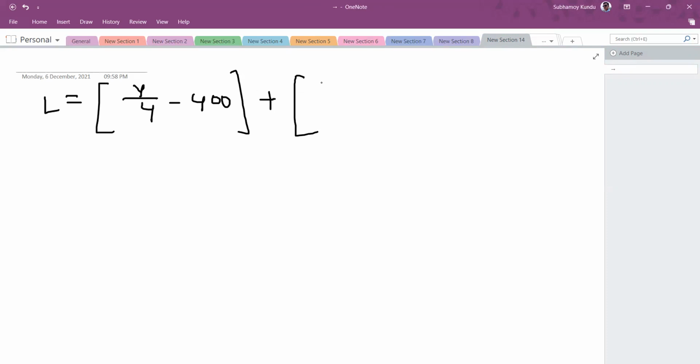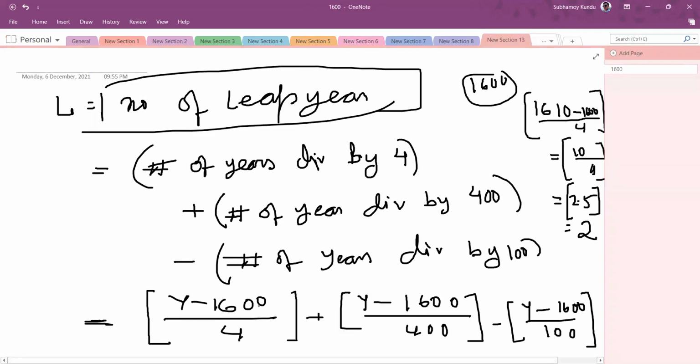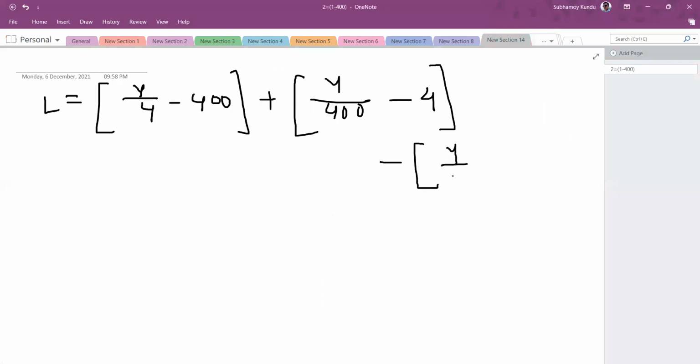Next part, we are dividing by 400: y by 400 minus 4, minus y by 100 minus 16. You can check it out. It will be y by 400 minus 4, minus y by 100 minus 16.